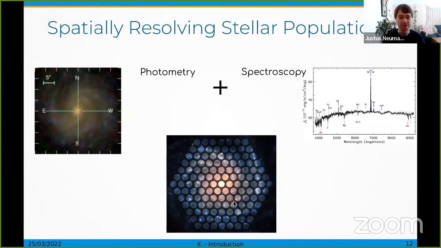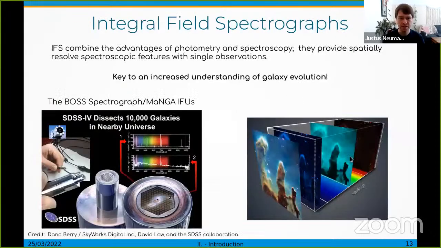Thereby we can combine photometry with spectroscopy, with the advantages of having a spatially resolved way to look at the galaxies in two dimensions, and a third dimension where we get the wavelengths, the spectroscopy. So it's called integral field spectroscopy.